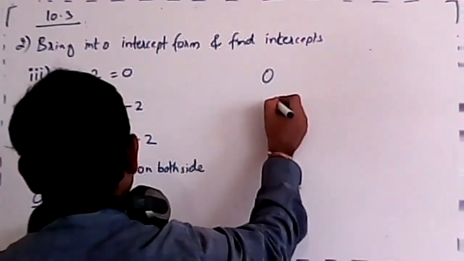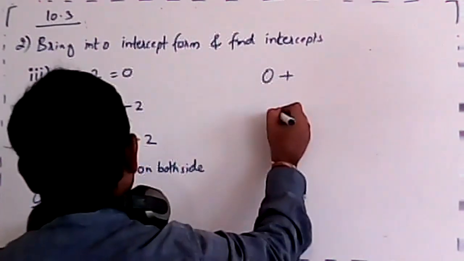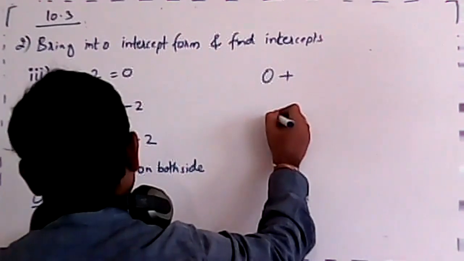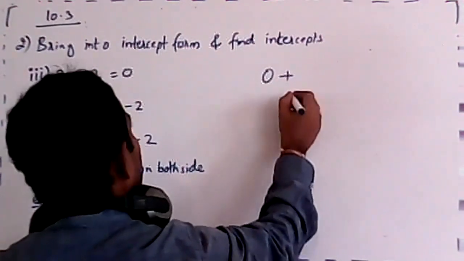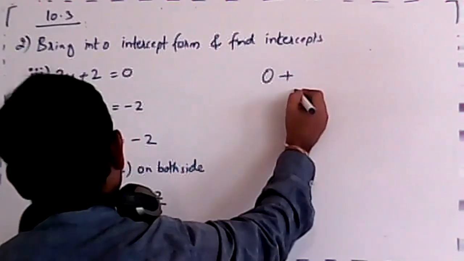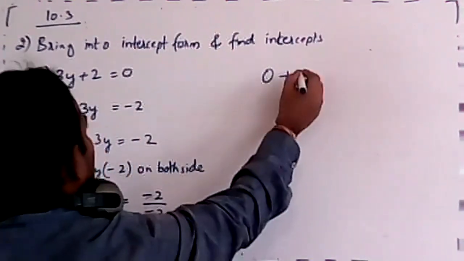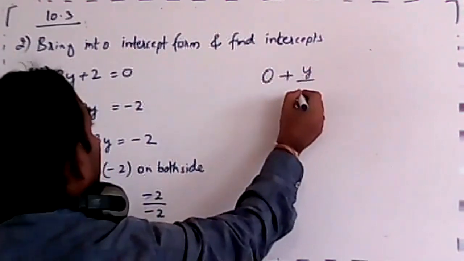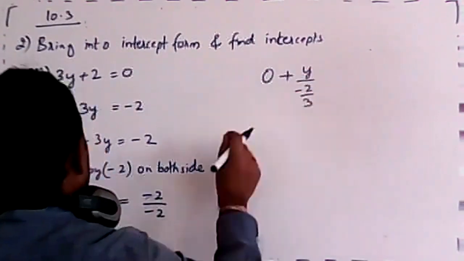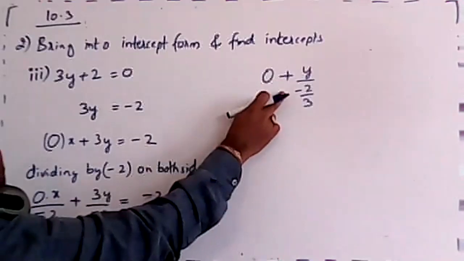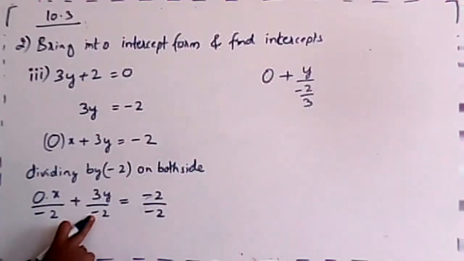So 0 plus 3y by -2 it is now. It is nothing but plus y divided by -2 by 3. Correct? The meaning is the same. Plus by minus means minus only. Right? Okay.